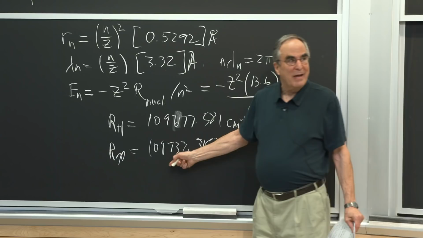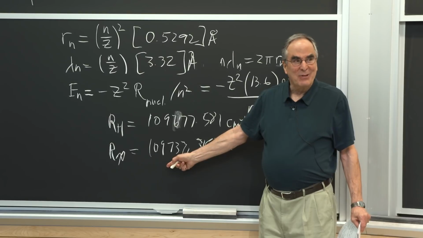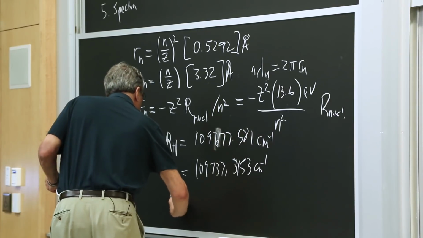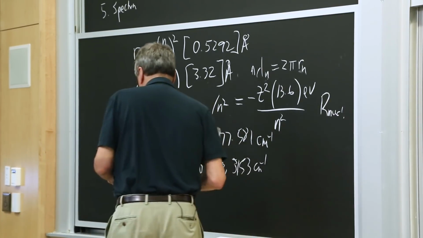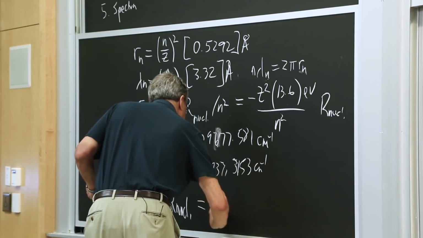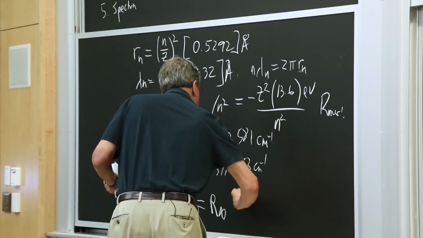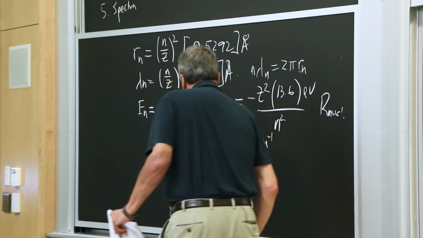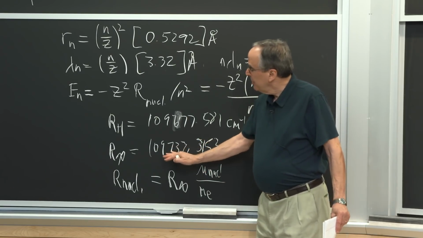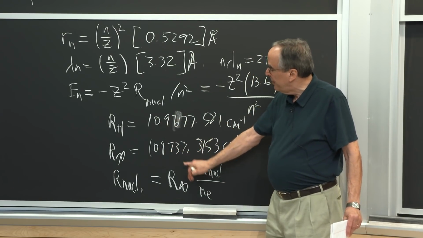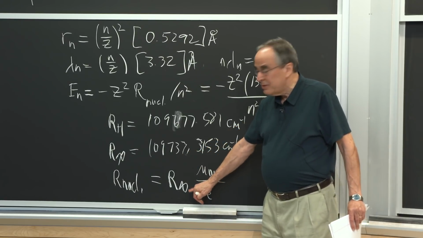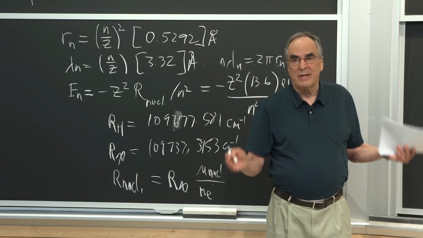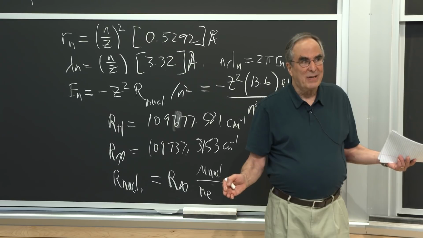And this is the number that I have in my head. I use it in all sorts of places, as you can imagine. To get to any particular nucleus, this is just R infinity times mu atom over the mass of the electron. It turns out that almost everything except hydrogen is very close to this number. So this hardly matters, but it does give you a little bit of dependence on the nuclear mass.